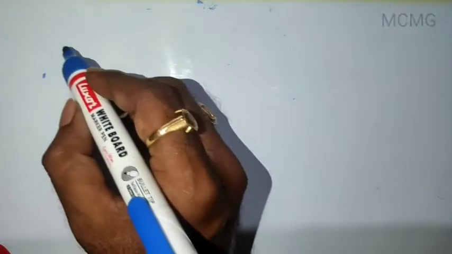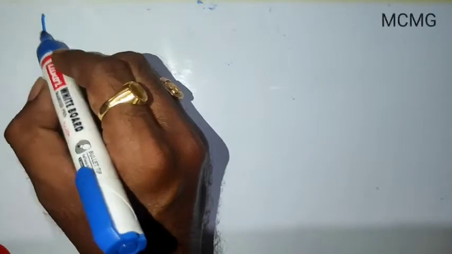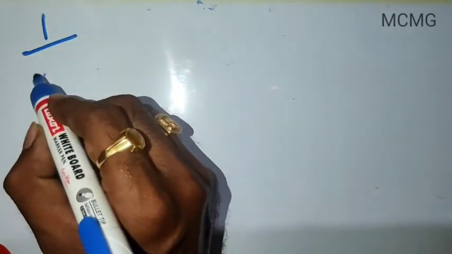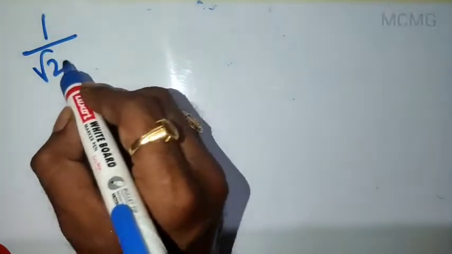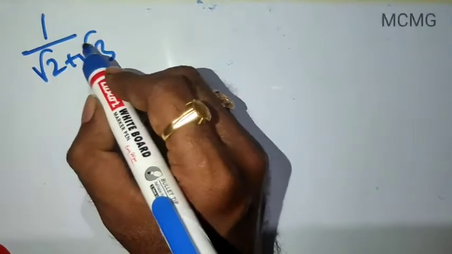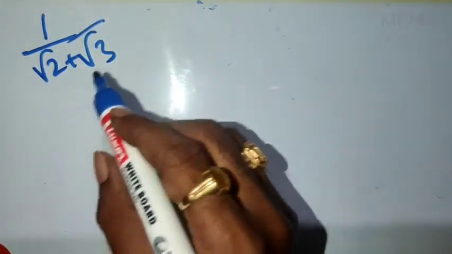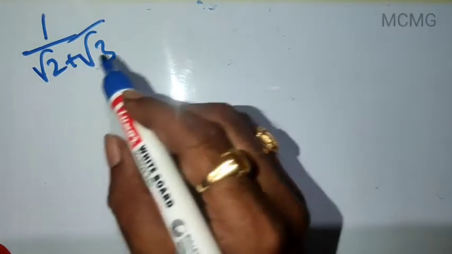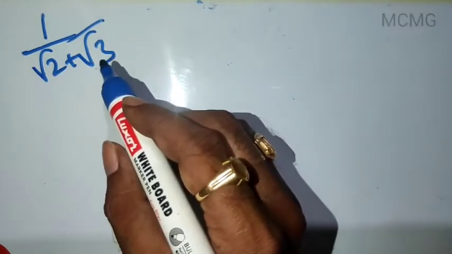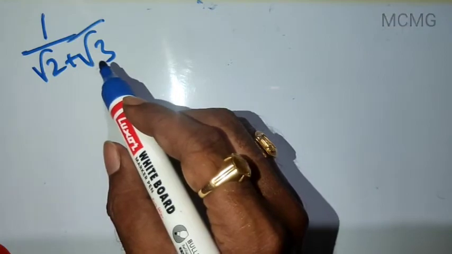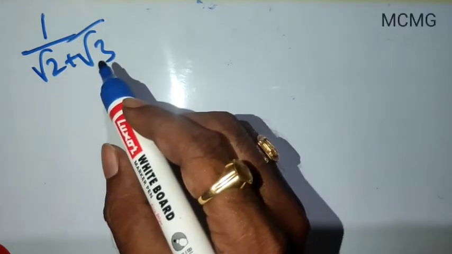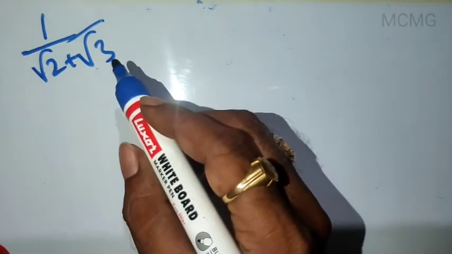For example, if the surd is in this form, 1 by root 2 plus root 3, in the denominator the given surd is a binomial surd and it has two surds here, root 2 and root 3. If you want to simplify it or omit the surds from the denominator, we have to rationalize it.